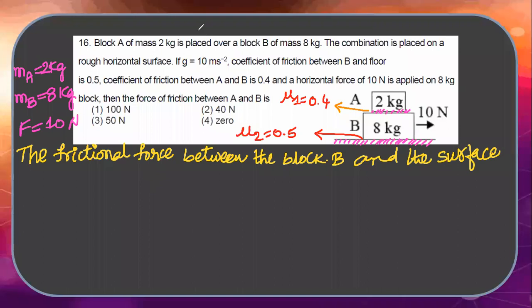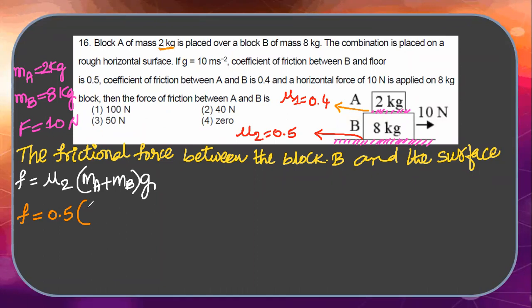That will be F is equal to mu2 into (MA plus MB) into g. Therefore, F is equal to 0.5 into (2 plus 8) into 10, where g is 10 meters per second square.